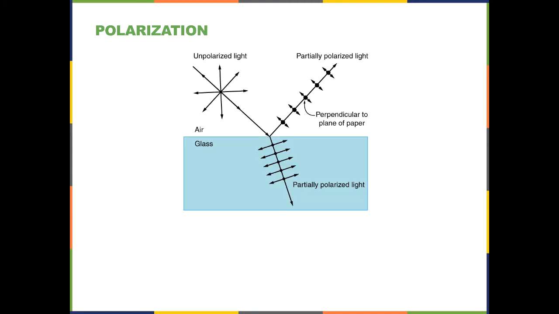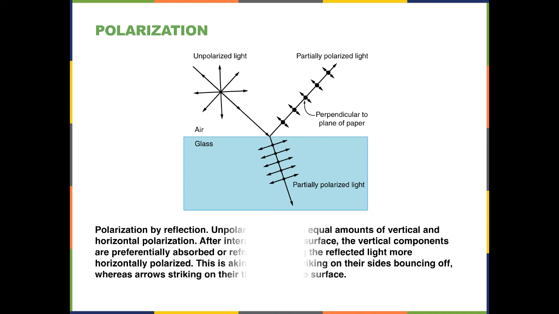If unpolarized light reaches a surface, when it's reflected it becomes polarized perpendicular to the plane. So it's partially polarized. If it passes into the surface, it is partially absorbed, and then what's left is also partially polarized.